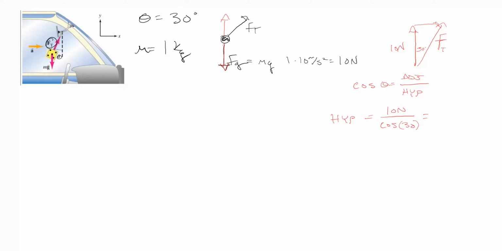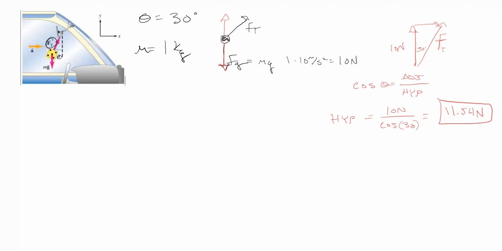So 10 divided by that value gives us a tension of 11.54 newtons. So based just upon the angle and the mass of the object, you can find the tension in the string of 11.54 newtons.